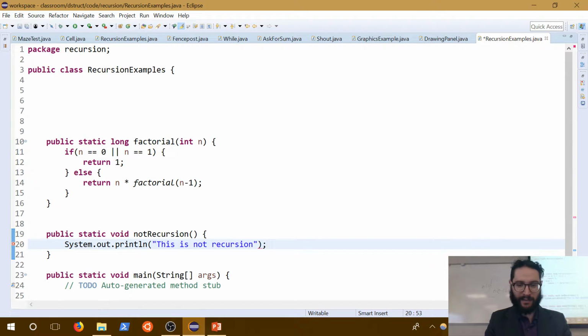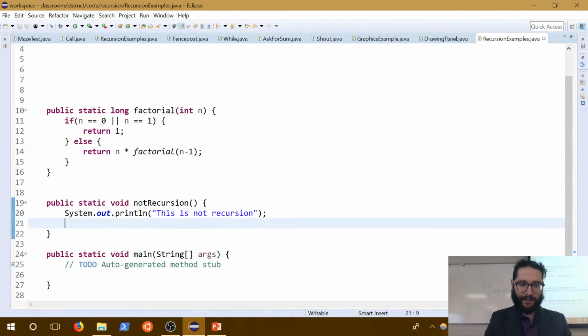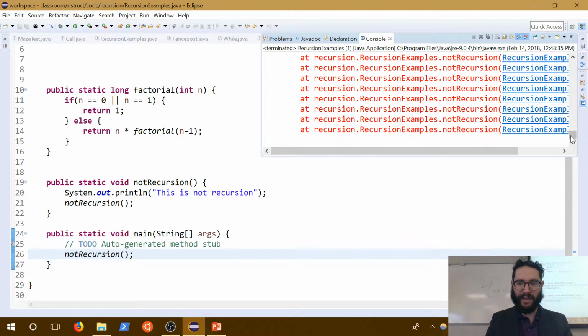This is actually not recursion over here. What happens when I run this? Infinite loop? Stack Overflow is the correct answer. In theory, it's an infinite loop. In practice, it's what we call a Stack Overflow error.